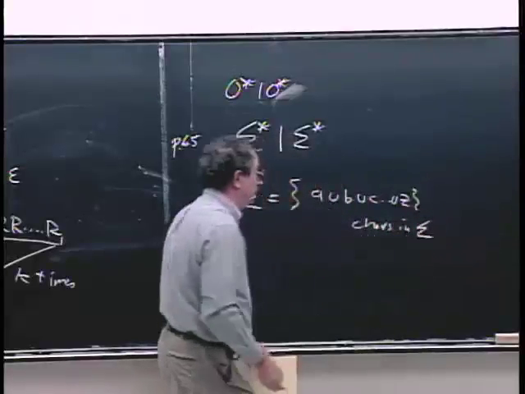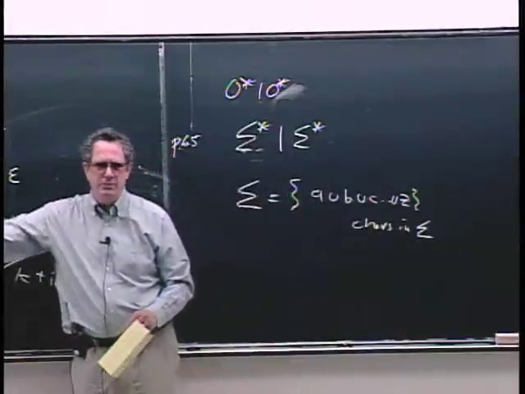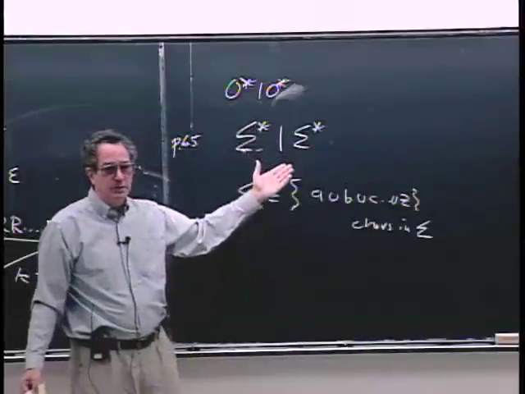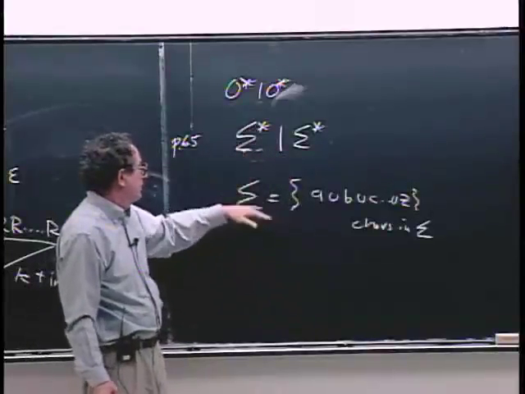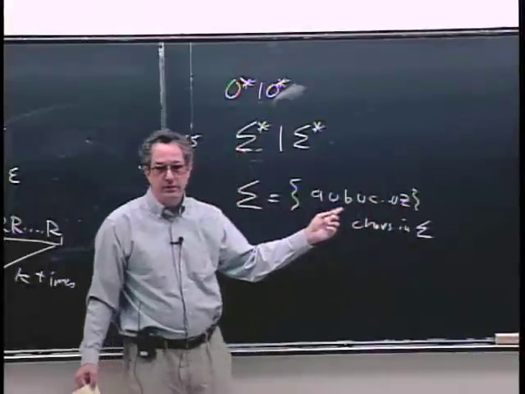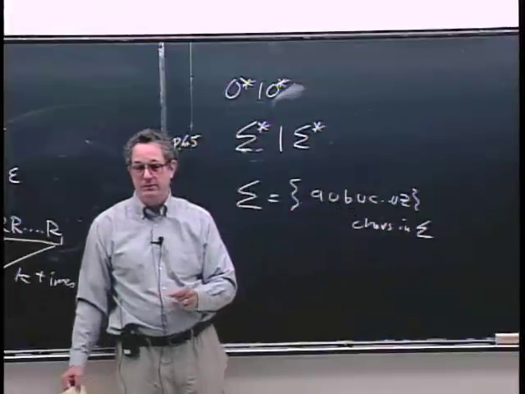So sigma is an alphabet, okay? But in terms of the actual formal definition of a regular expression, why is it permitted to put sigma star in the regular expression? It's because this is a shorthand for the union of all the individual characters that are in the alphabet. Each individual character is a regular expression, right?